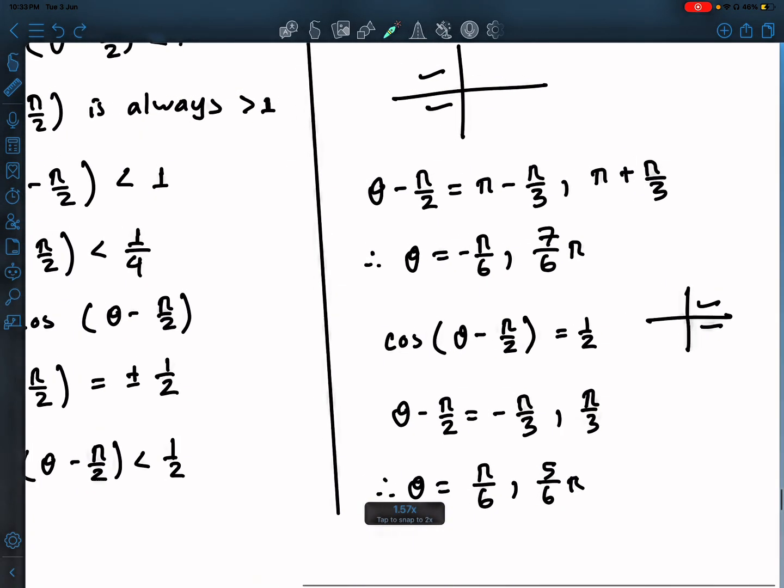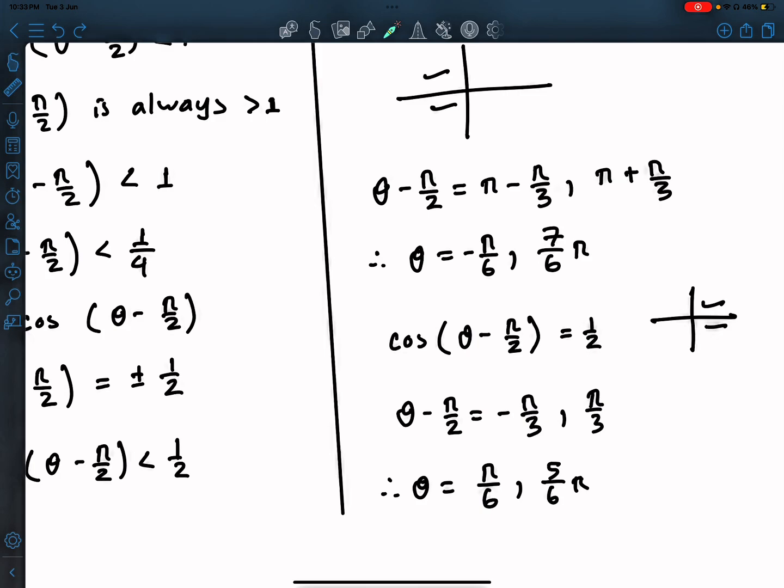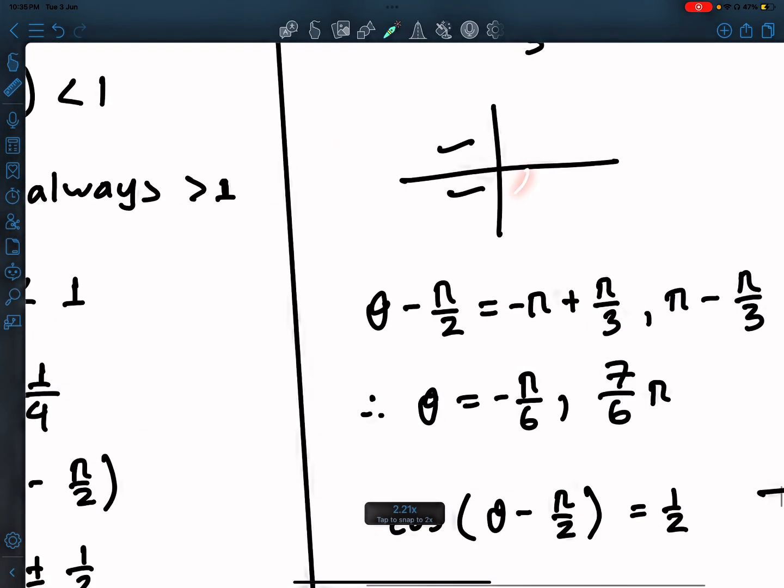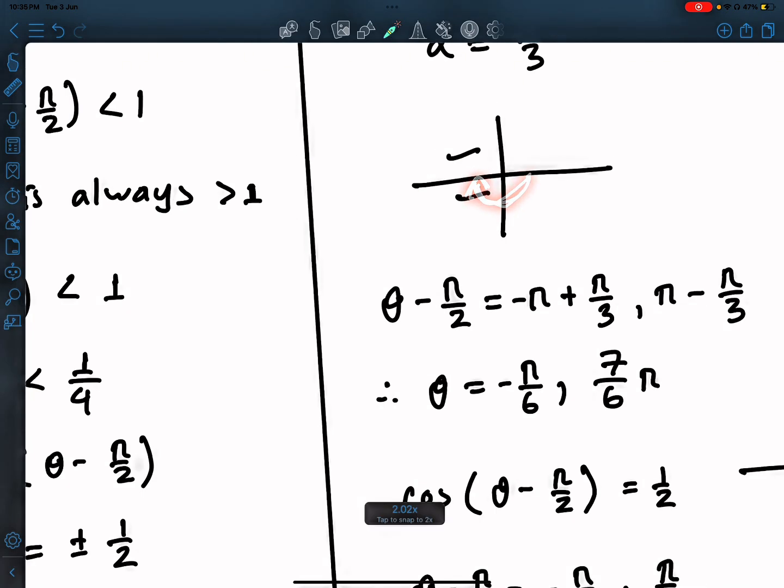Okay, I think we missed one of the values. As I was saying, we missed one of the values, and one of the values was minus pi plus pi by 3. That happens when we are taking a look at the negative quadrant. So when we're taking a look at the negative quadrant, we see that it's in the second quadrant.